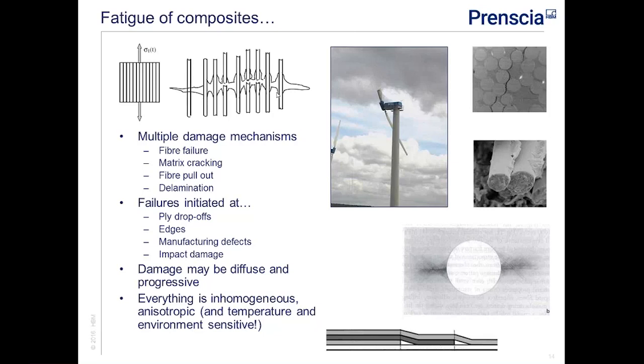There's also a major effect of the manufacturing process. So we often see failures initiating at edges, manufacturing defects, or sometimes impact damage. And rather than being dominated by one crack or a small number of cracks, very often the damage is diffuse and progressive, consisting of lots of micro cracks.